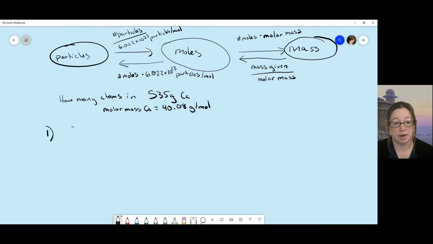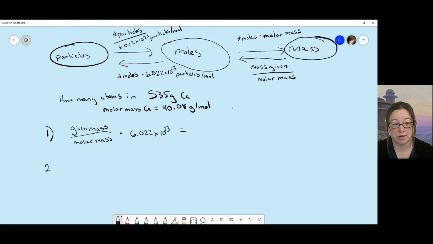So we're going to go given mass over molar mass times Avogadro's number. Because this will give us our number of moles, and then we just have to multiply.